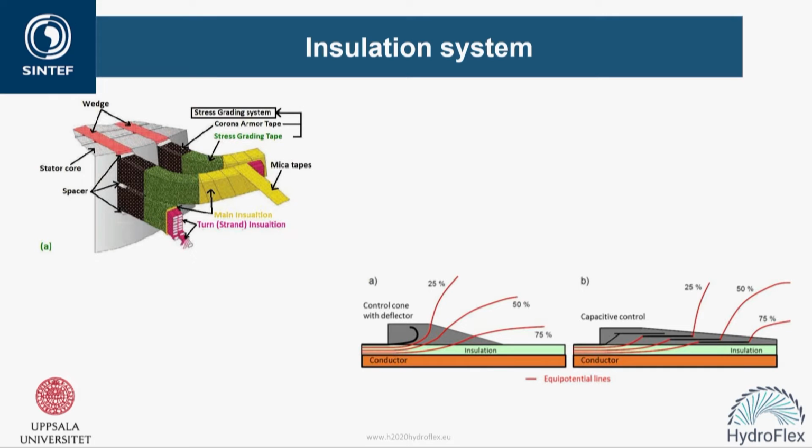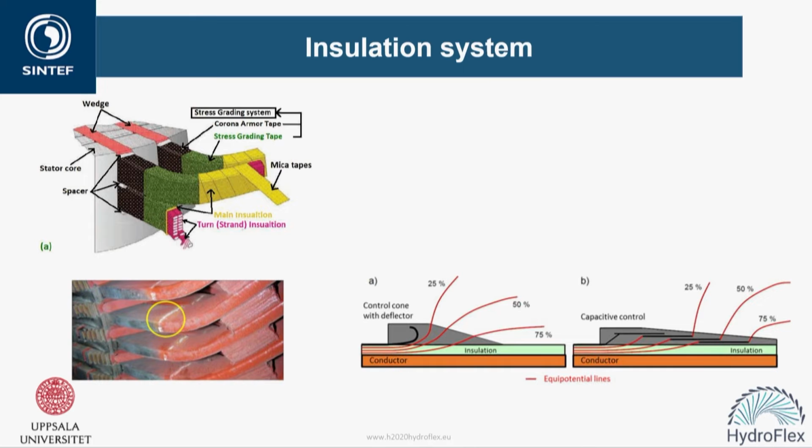The different types of insulation are there for different reasons. Of course, you have to make sure that you don't have a short circuit between the high voltage and the stator core. But you also have to care about the voltage profile, how the equipotential areas leak out through the stress grading tape. So you can see different types of stress grading tapes here. You see equipotential lines, and there are pros and cons of different types of stress grading tapes.